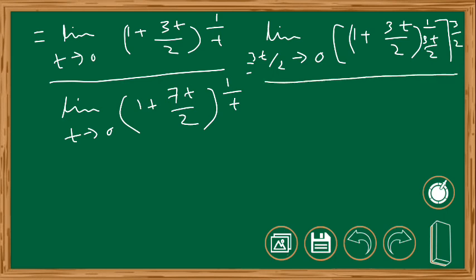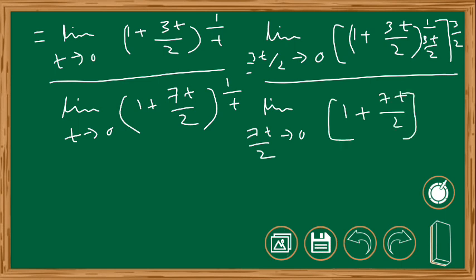Next, in the denominator, in place of 3t/2 tends to 0, I will write 7t/2 tends to 0. Now this will be converted to (1 + 7t/2) raised to the power 1 divided by 7t/2, and the entire thing is raised to the power 7/2. Is that clear?